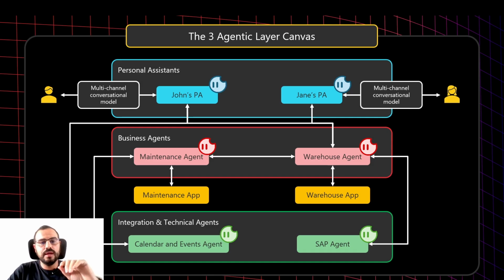So the way the maintenance agent or the warehouse agent will interact with the apps is using functions. In this case, it will not be functions but service actions, because I'm already using the Agent Workbench, but this resembles the MCP protocol more.